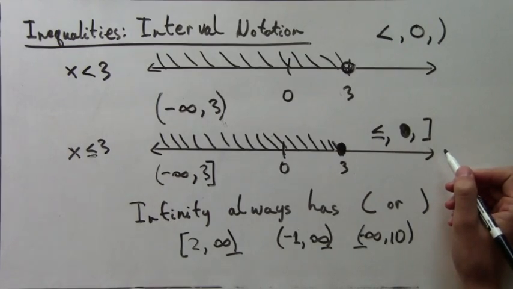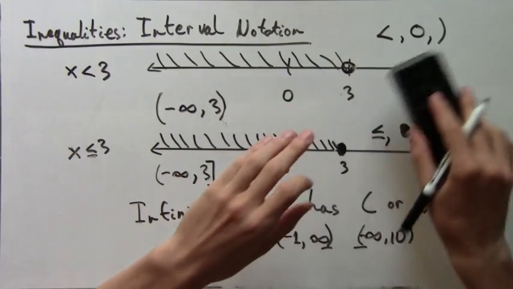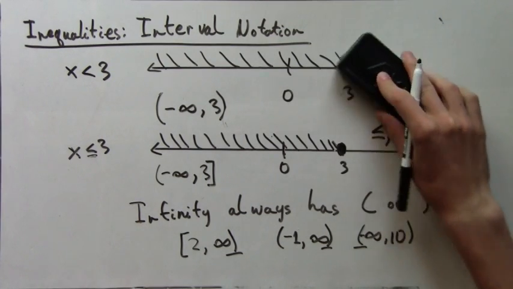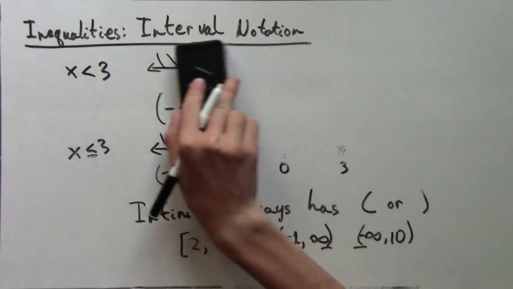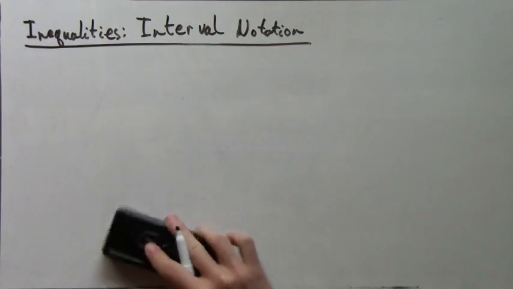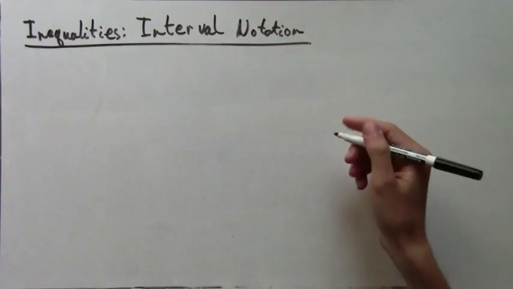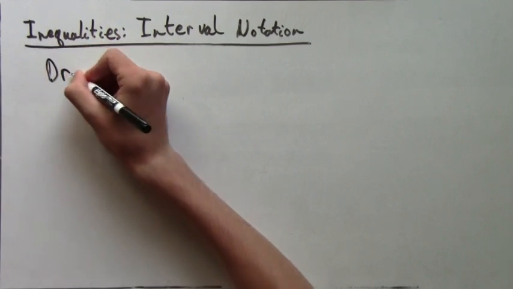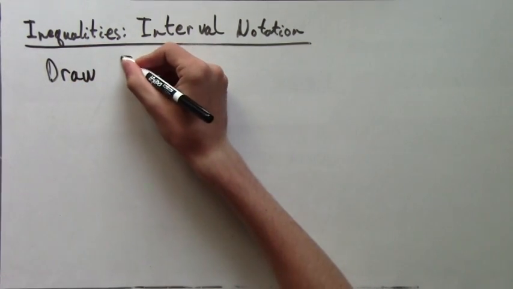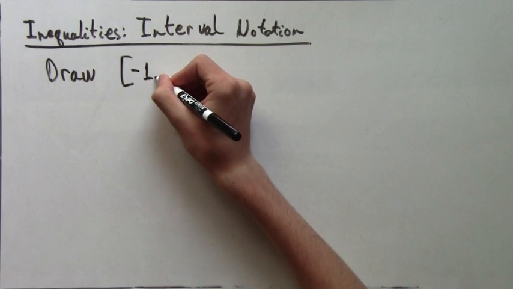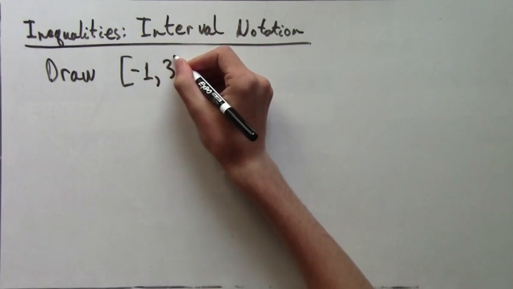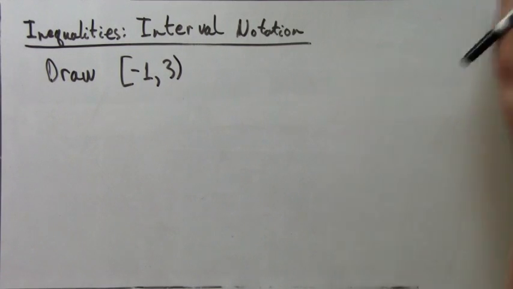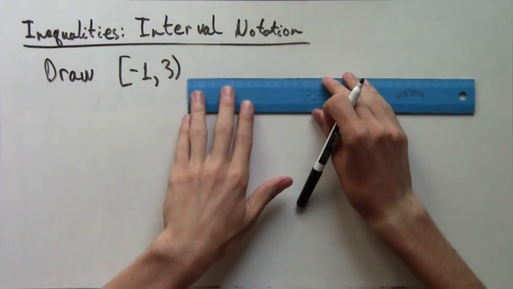So now let's take a look at some different examples that make use of interval notation. So say you have the problem, draw [-1, 3) with those brackets, the square bracket on the left and the parenthesis on the right.